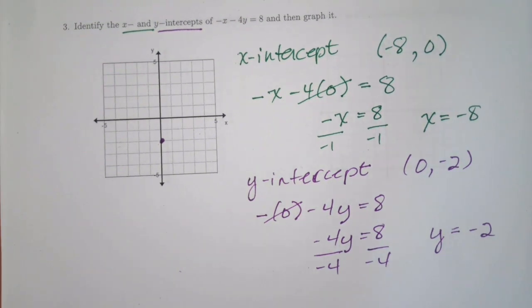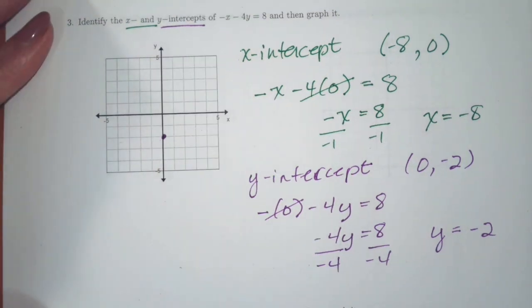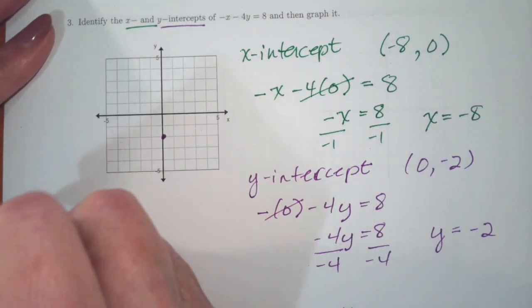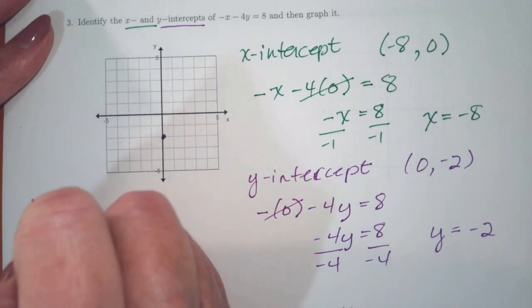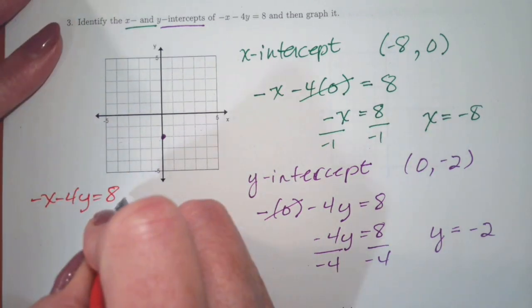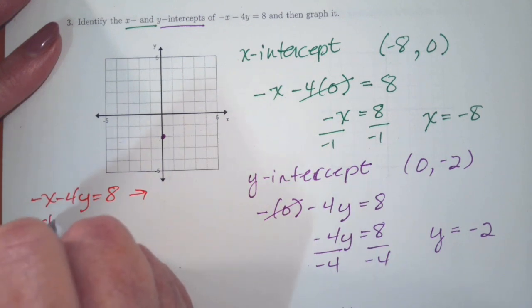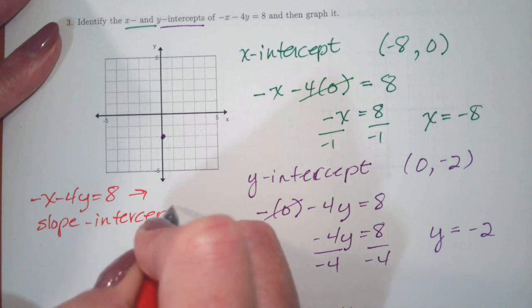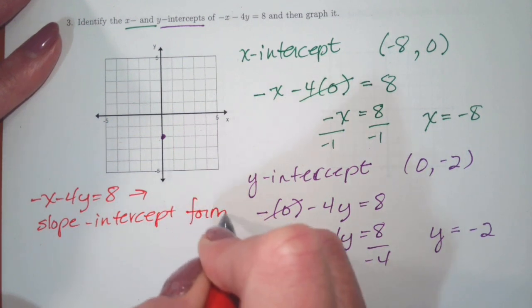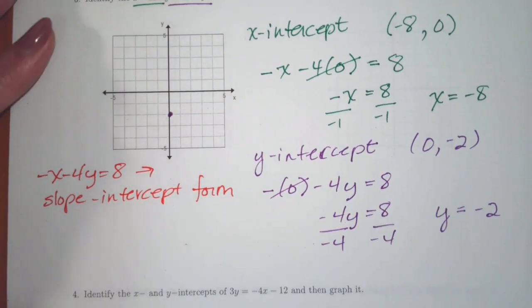So if I find the slope, I can find another point on the graph. So I'm going to put the equation negative x minus 4y equals 8 and turn it into slope-intercept form, which means solve for y.